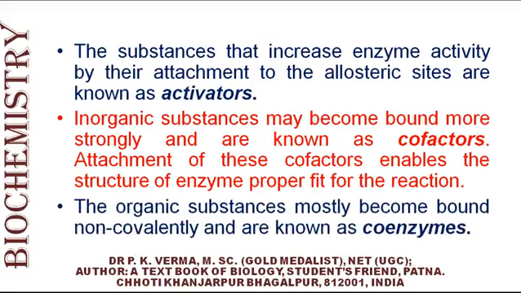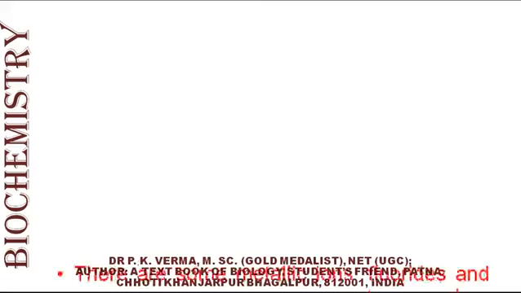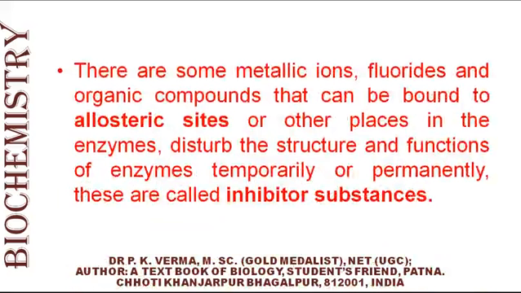The organic substances mostly become bound non-covalently and are known as coenzymes. Coenzymes are normally known to us in the name of vitamins. There are some metallic ions, some fluorides and organic compounds such as organophosphates that can be bound to allosteric site or other places in the enzymes, and disturb the structure and function of enzyme temporarily or permanently.